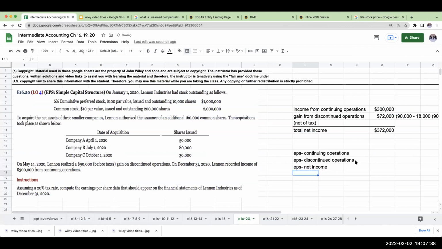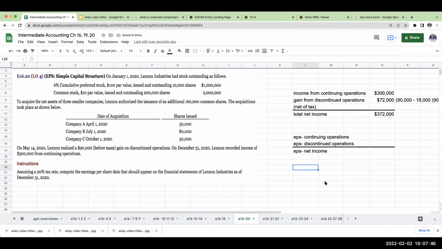So ultimately we're going to be showing this on a per share amount. So let's go through and have some fun with this. Now we've got to figure out the total number of shares outstanding in order to figure out earnings per share.